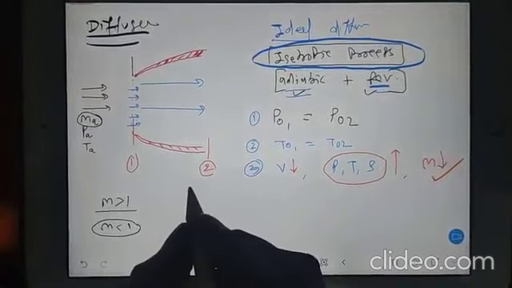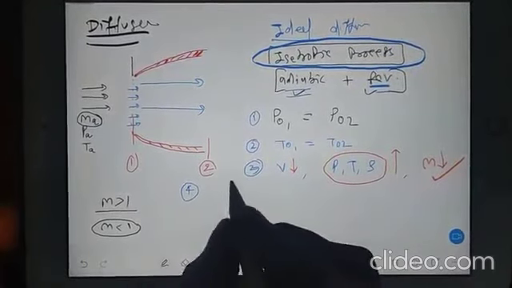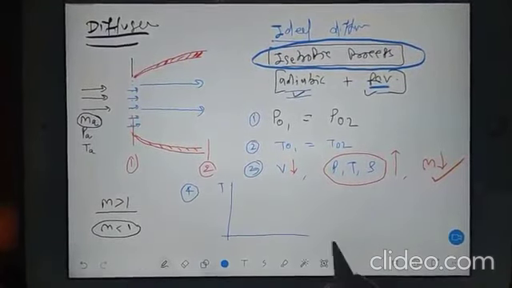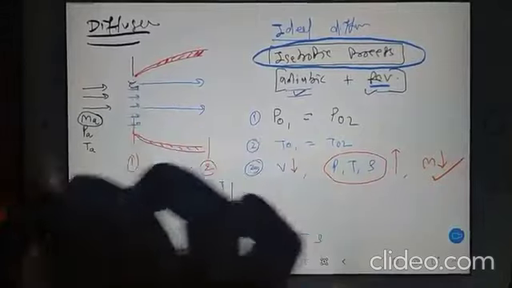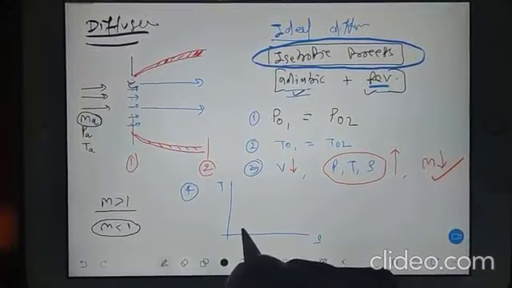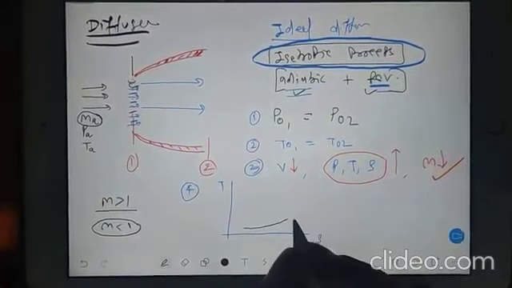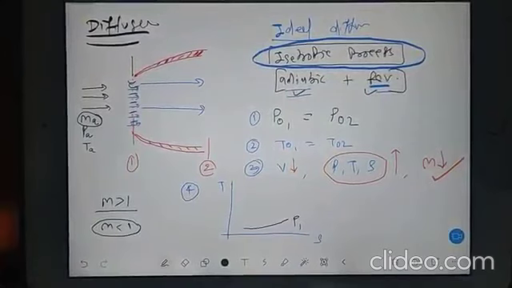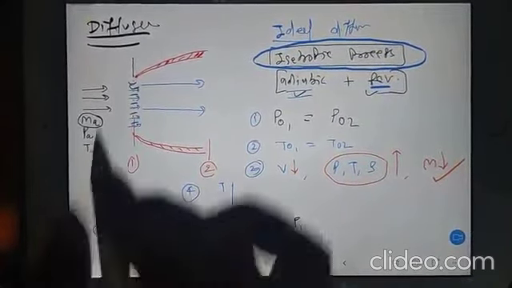So in the case of an ideal diffuser, if you draw the TS diagram, at the inlet you have static pressure, say P1. Get my point? At the inlet, you have static pressure P1.